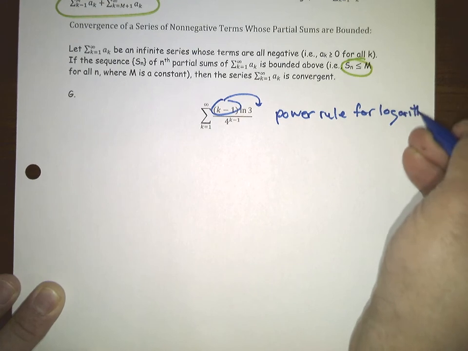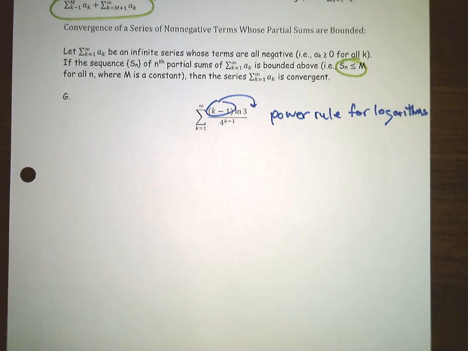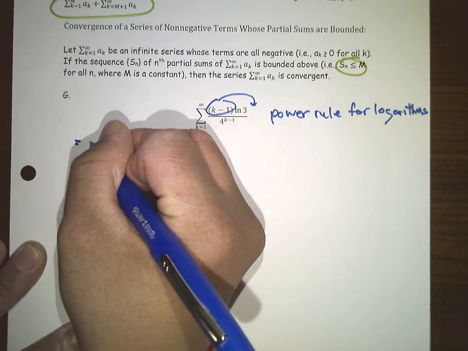Up until now, we wanted to get the exponent out of the power by using logarithmic differentiation or something like that. But in this particular case, we're actually going to put the k minus 1 back into the exponent, all right?